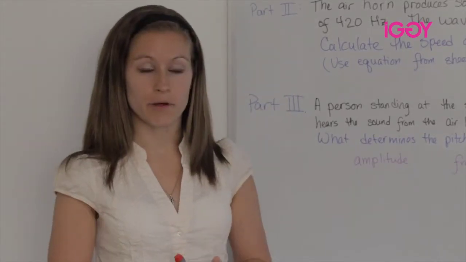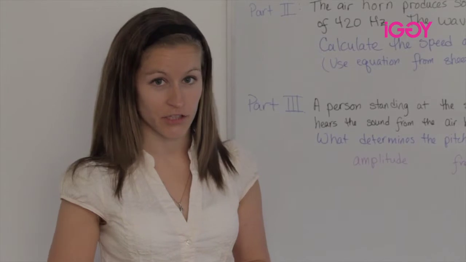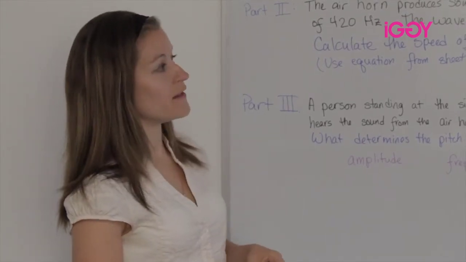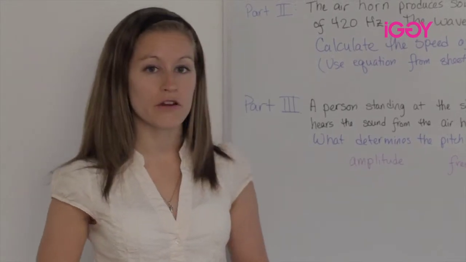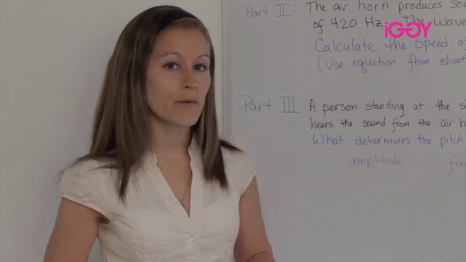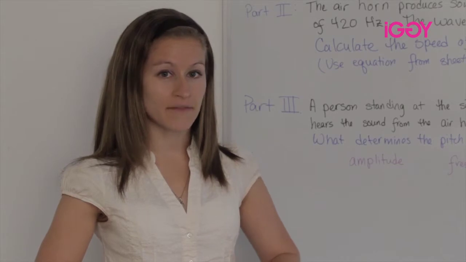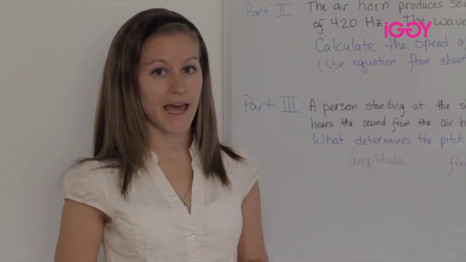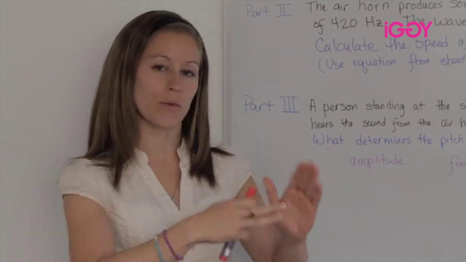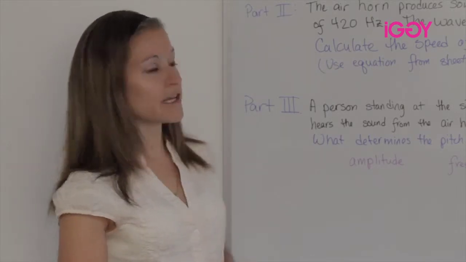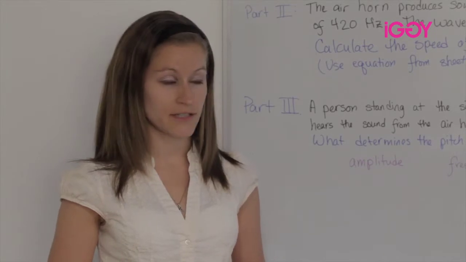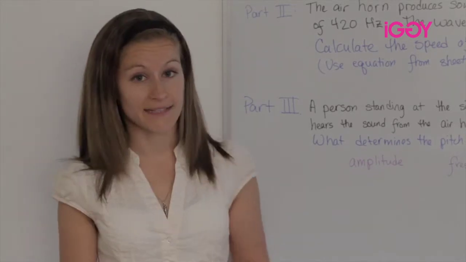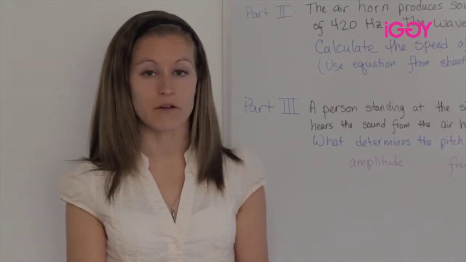The second part of the problem requires a bit of calculation. It gives you the frequency of the air horn, which is a constant frequency of 420 hertz. Remember that hertz is the unit for frequency, and it's per second, so it's 1 over a second. It also tells us that the wavelength of the sound waves is 0.8 meters, and then it asks us to calculate the speed of the sound waves.